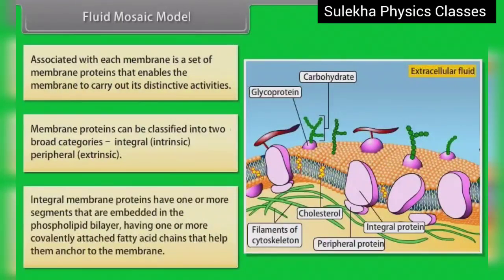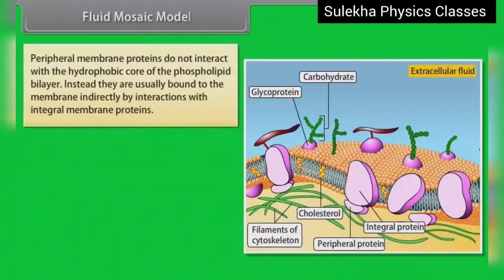Integral membrane proteins have one or more segments that are embedded in the phospholipid bilayer, having one or more covalently attached fatty acid chains that help them anchor to the membrane. Peripheral membrane proteins do not interact with the hydrophobic core of the phospholipid bilayer.